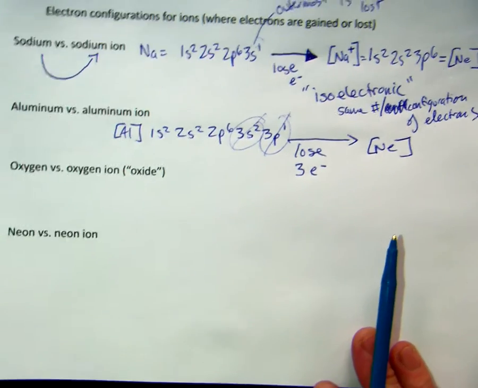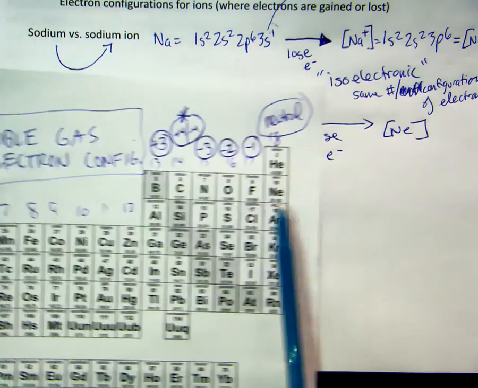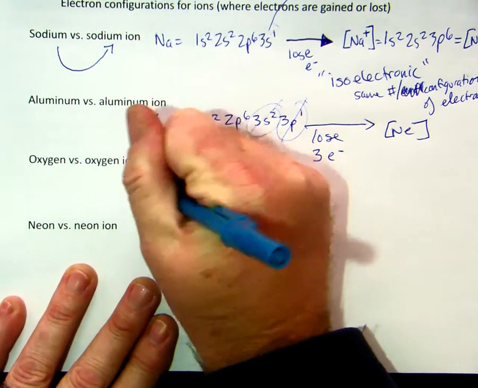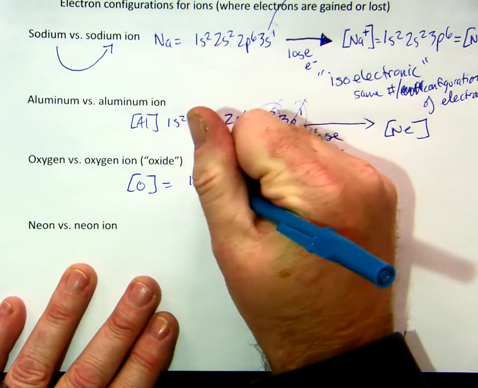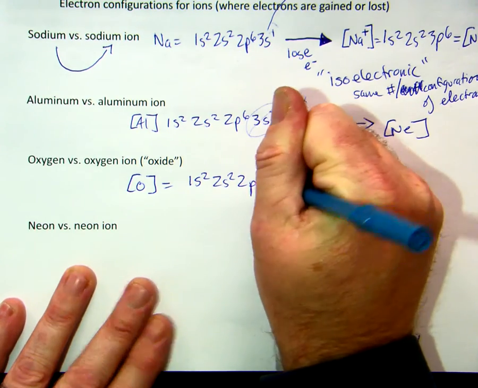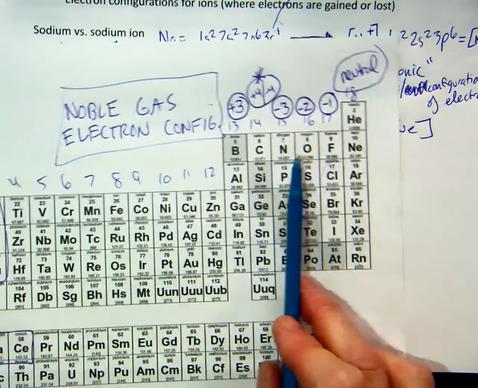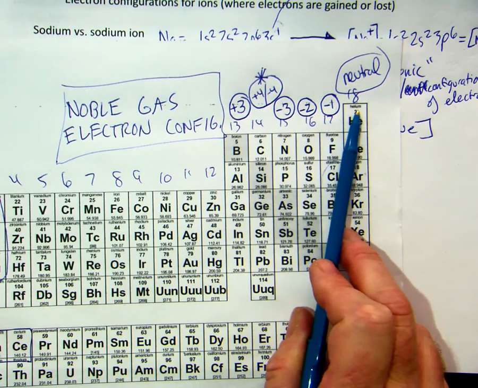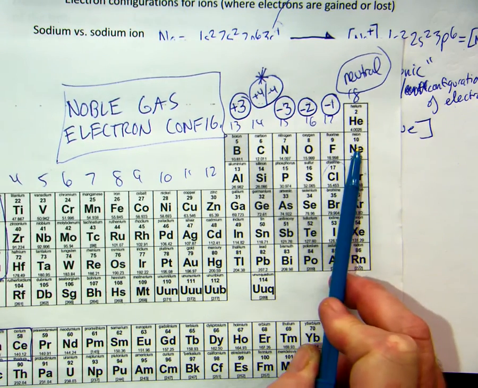Okay, so hopefully you're getting the idea. But now we have oxygen, and this is an example of something that's going to develop a negative charge instead of a positive charge. So here's the oxygen atom, and it would be 1s2, 2s2, 2p4. Oxygen has 8 electrons. It would either like to lose 6 and become like helium, or gain 2 and become like neon, which is what it's going to do.